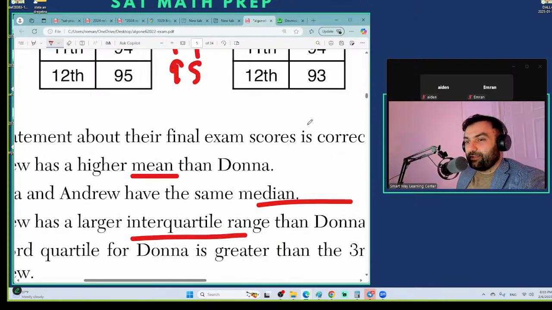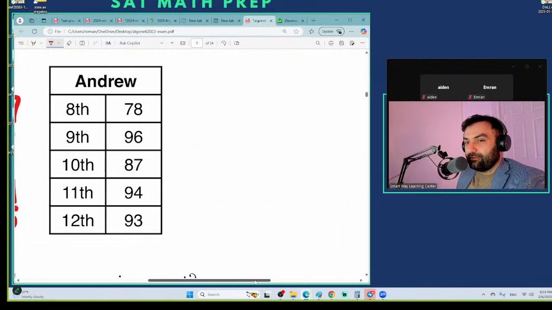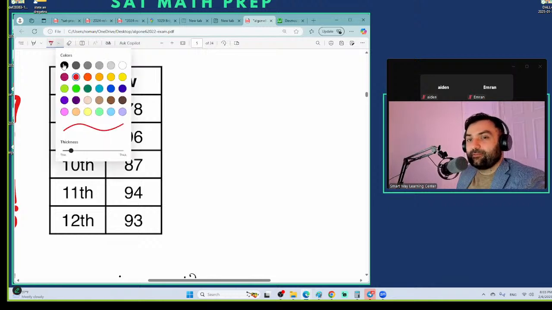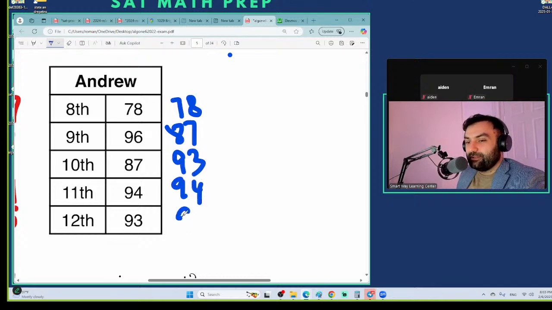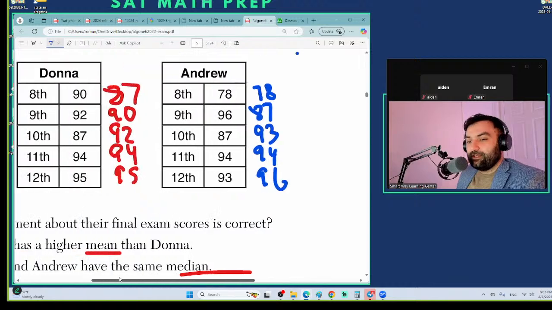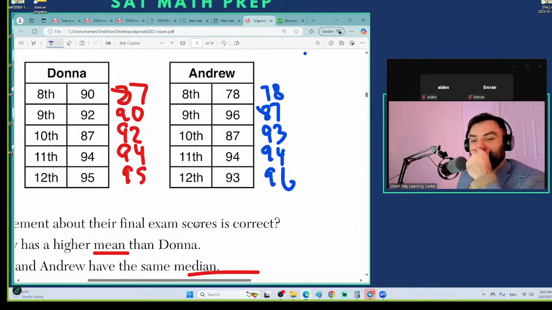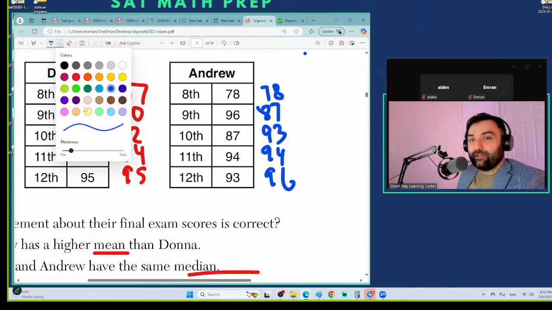Okay, now let's do the next one, which is the other one. It's going to be 78, 87, 83. No, 93, 94, 96. So the third quartile is going to be the same for both of them.